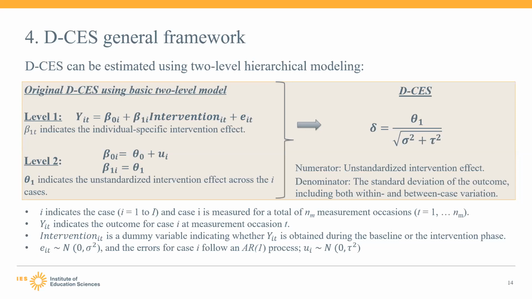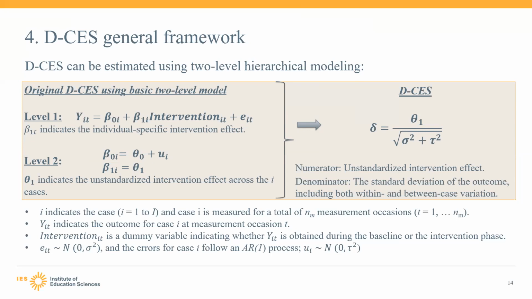Now, to complete the model, we must then make assumptions about how the individual level coefficients beta 0 and beta 1 vary across cases. Specifically, the original model assumes that individual specific intervention effects are equal across cases, so that theta 1 represents the common change in level of the outcome upon introduction of the intervention.